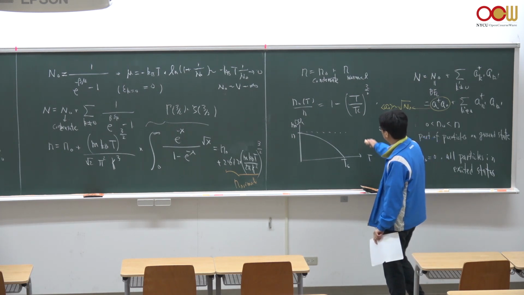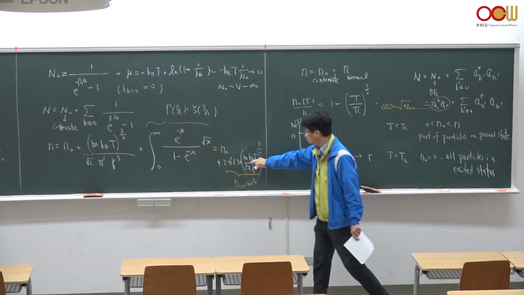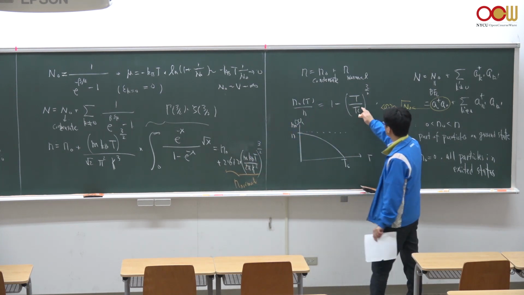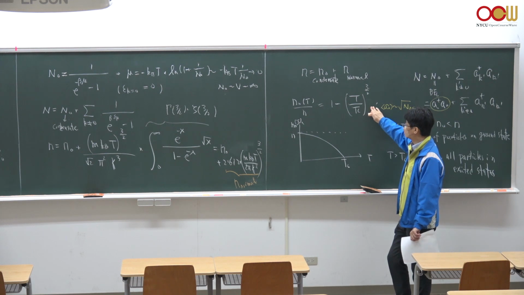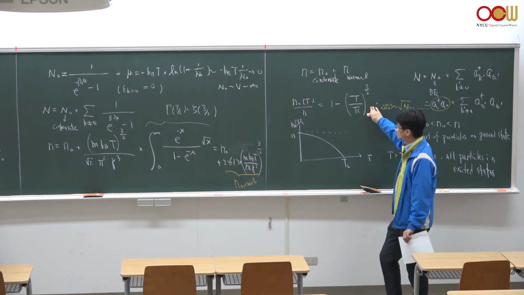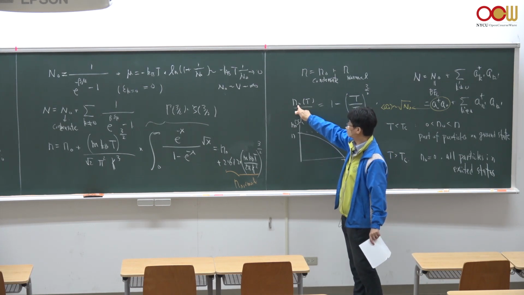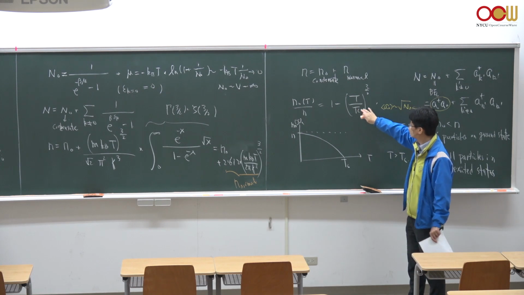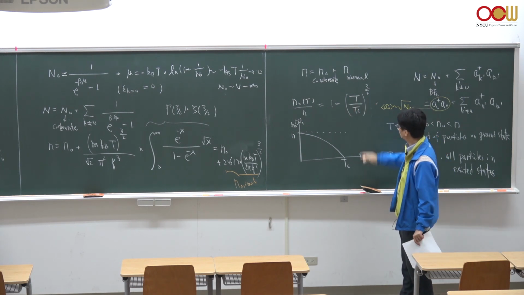And you could rewrite this prefactor in terms of Tc or TBEC, and this is the simplified version of this equation, which tells us the temperature dependence of the condensate part of bosons as a function of temperature, which is 1 minus T over Tc to the power of 3/2.